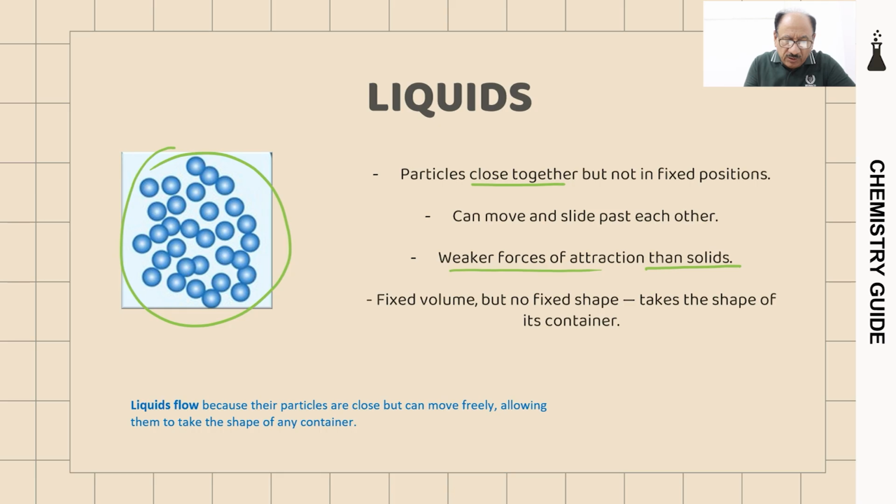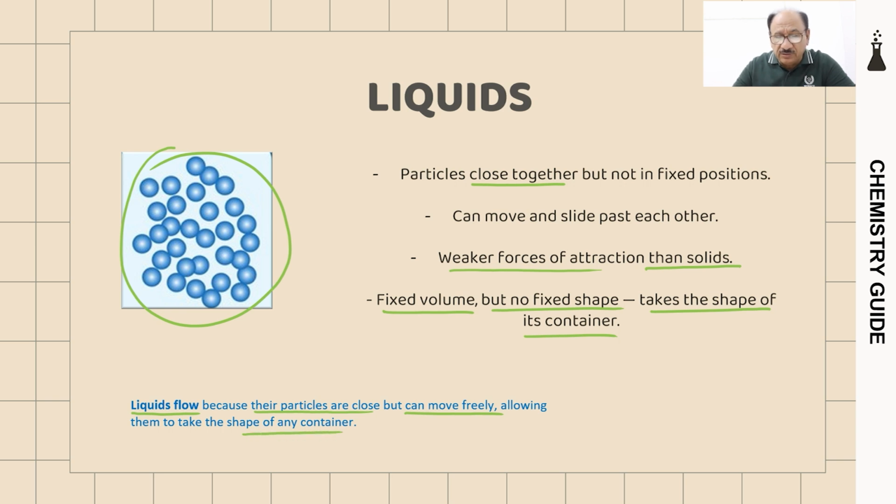That's why they have a fixed volume, but they don't have a fixed shape. They attain the shape of the container in which we pour the liquid. So in a nutshell, we can say that liquids flow.